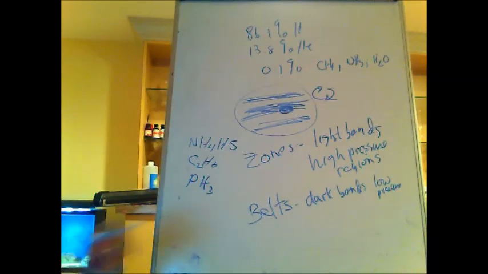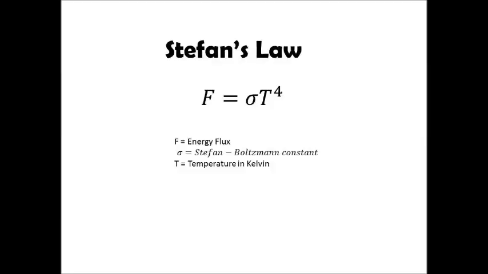But based on Stefan's law that we saw in earlier chapters, the amount of energy emanating from this would be equal to sigma times T, the temperature in Kelvin, to the fourth power.